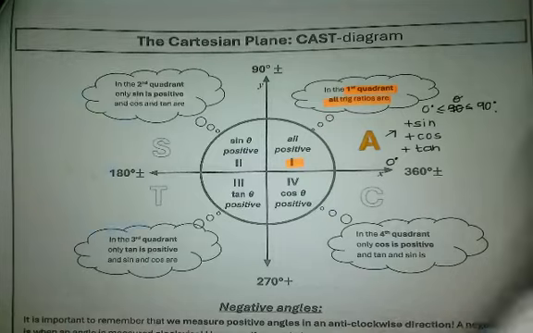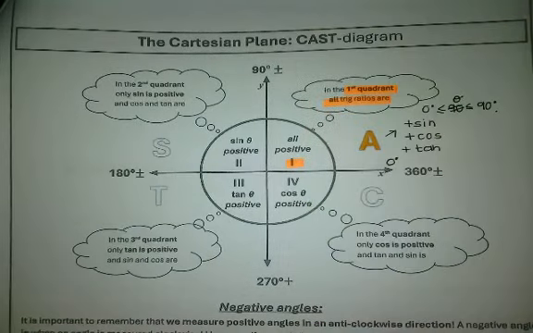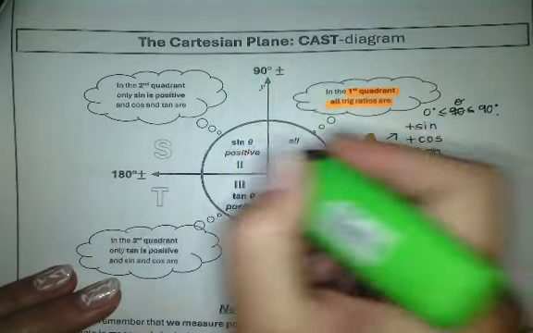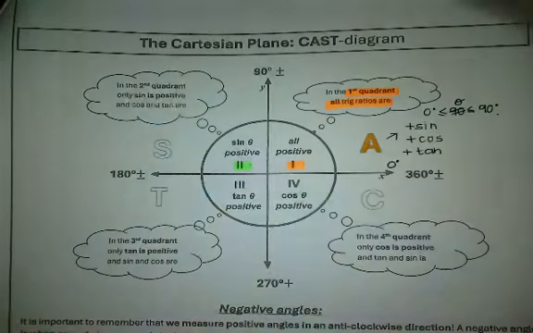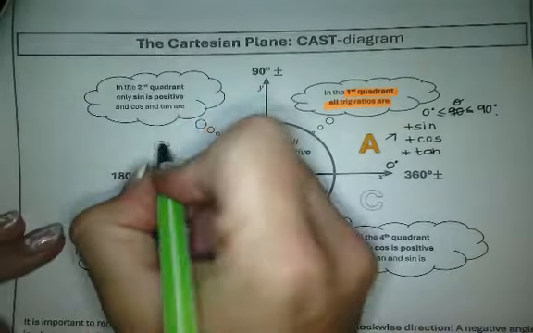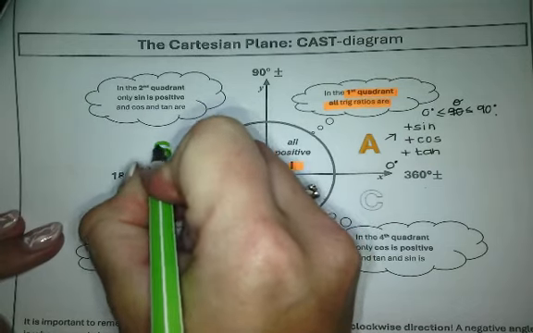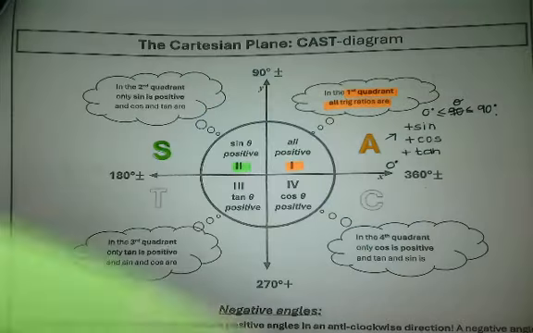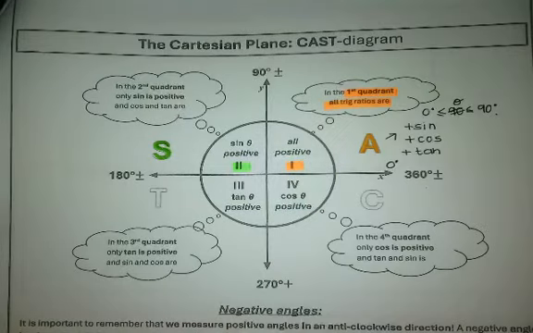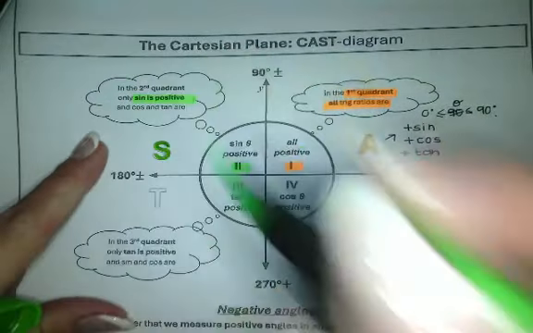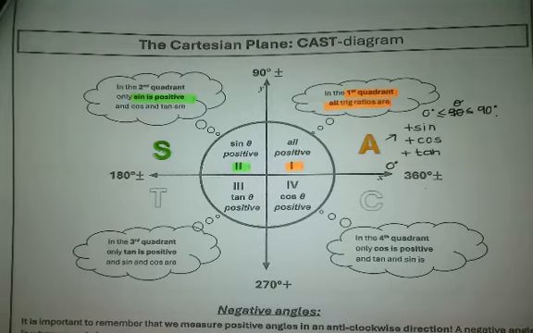Okay, that's quadrant 1. Quadrant 2 is top left hand corner, and that is your S in CAST diagram. In the second quadrant, sin is the only one that's positive.